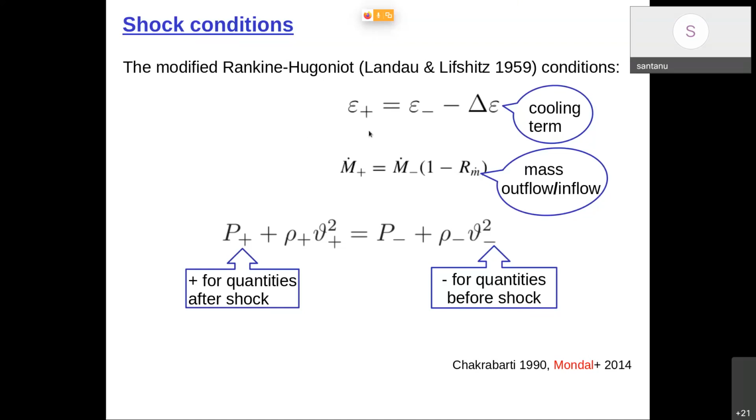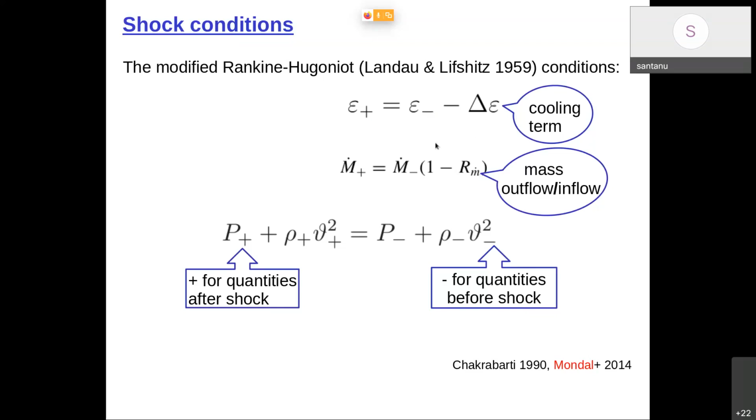This is basically the energy balance at the shock. The plus is for the quantities after the shock, and the minus is for before the shock. In our study, we are considering a dissipative flow. There can be some cooling because hot photons from the Keplerian disk can be upscattered and extract energy from the corona.